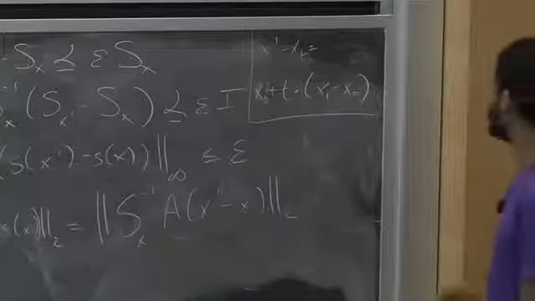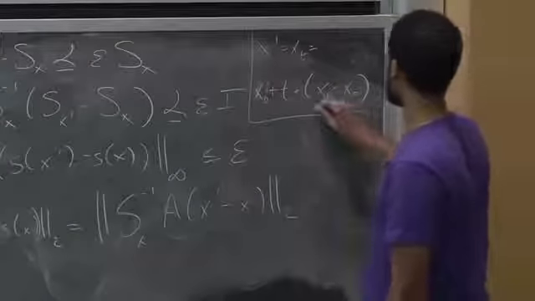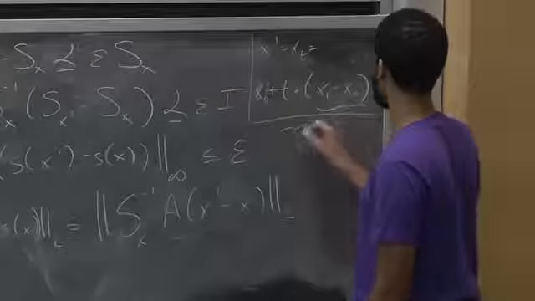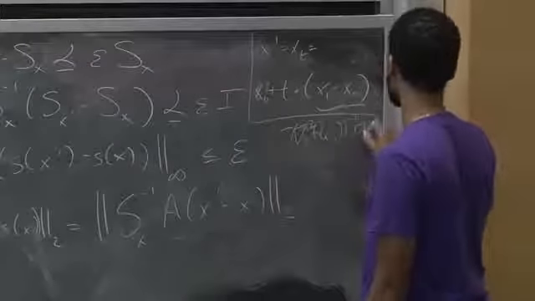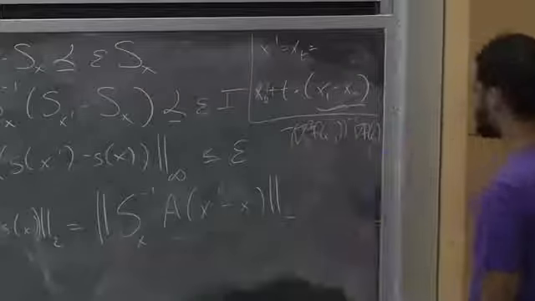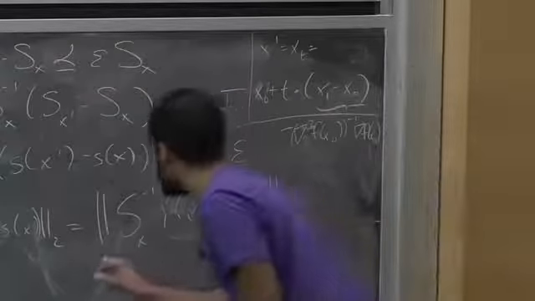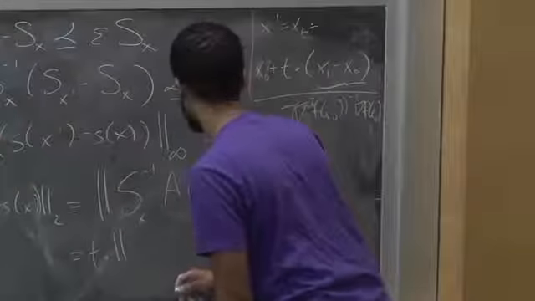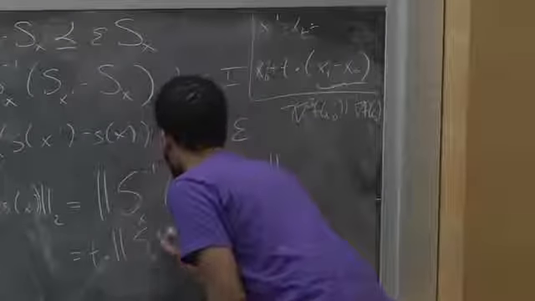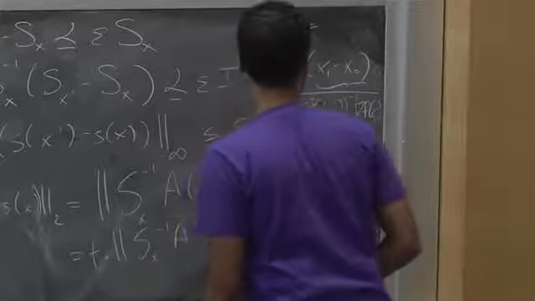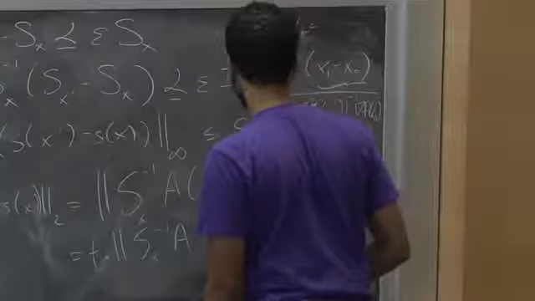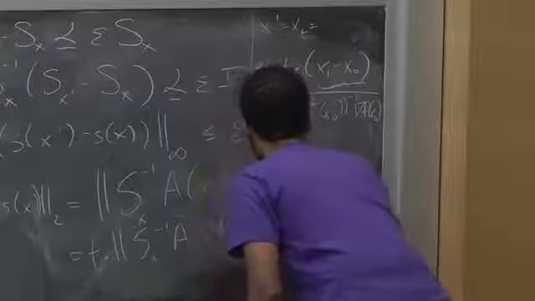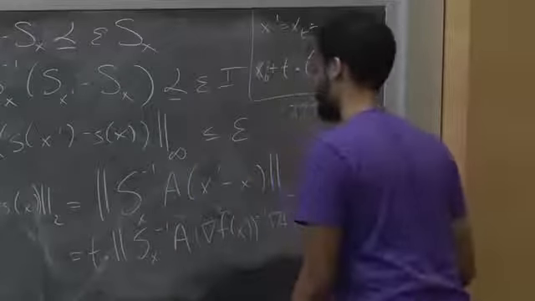If you just remember what this thing is, this is minus Hessian inverse times the gradient. So this is equal to t times the L2 norm of slack x inverse A times Hessian x inverse times the gradient of f.